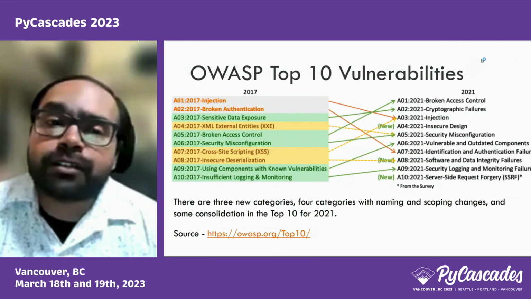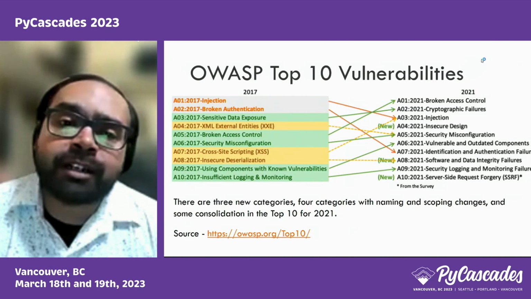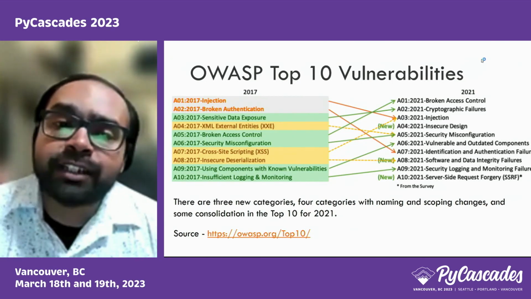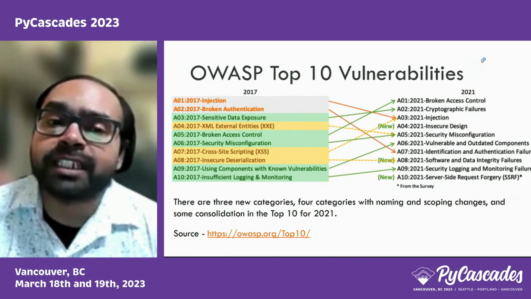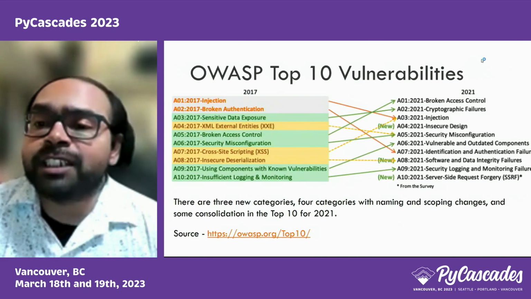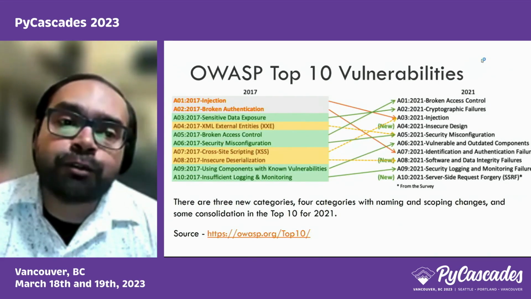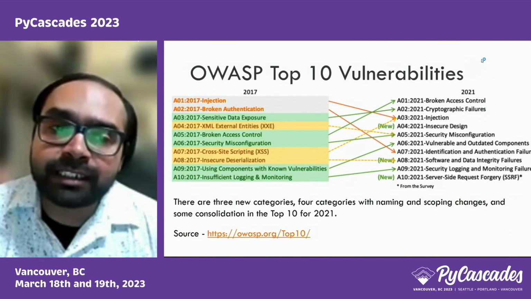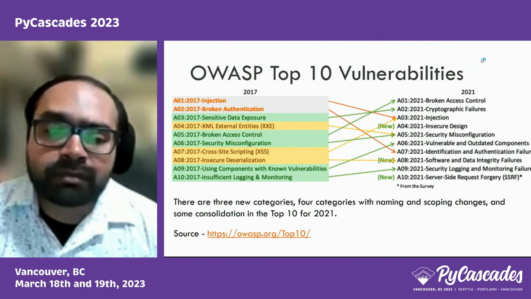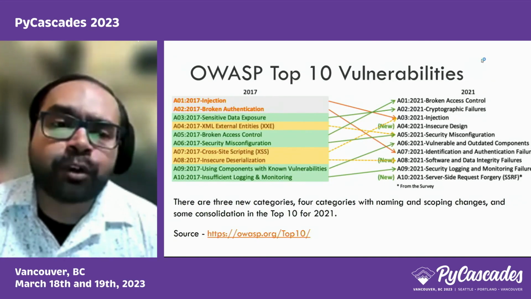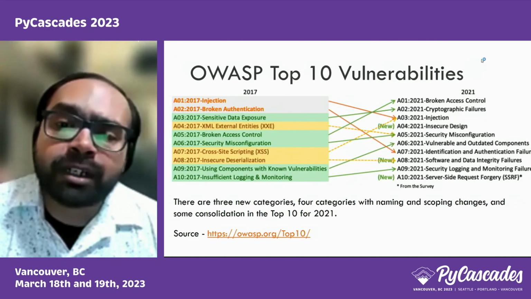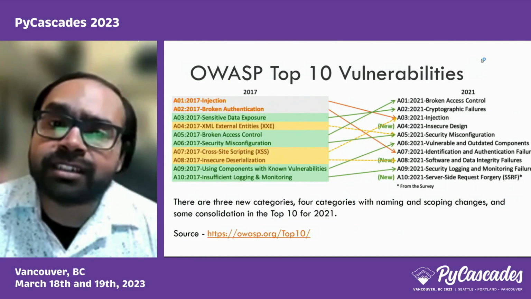Next is the OWASP top 10 vulnerabilities. On this slide, you can see that there are two versions. One is the 2017 version, and the second one is the 2021 version. OWASP, that is Open Web Application Security Project, was the earlier name, but I think last month its name changed and it is now Open Worldwide Application Security Project.